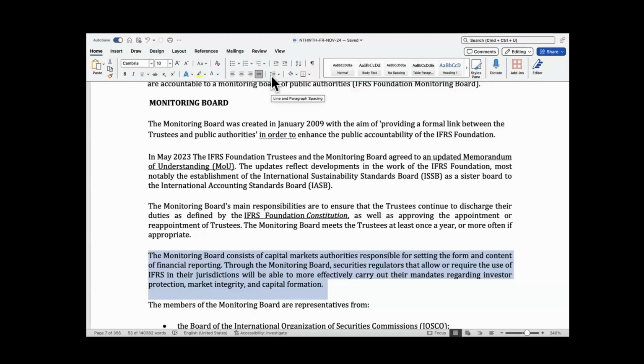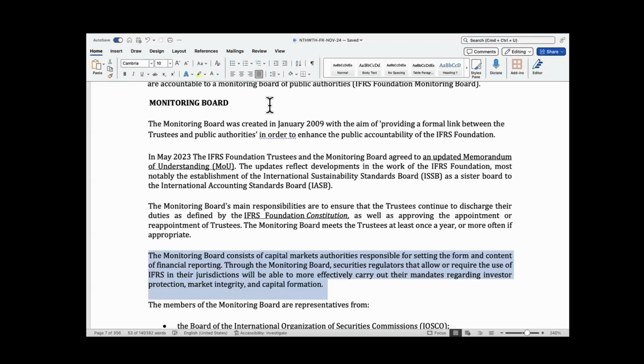They will understand the reporting needs of companies. They will understand what shareholders want. So the monitoring board is just to ensure that this structure is actually open, is actually practical. They are doing what the market wants. That's why the members are the regulators of the market itself, which are capital market authorities.